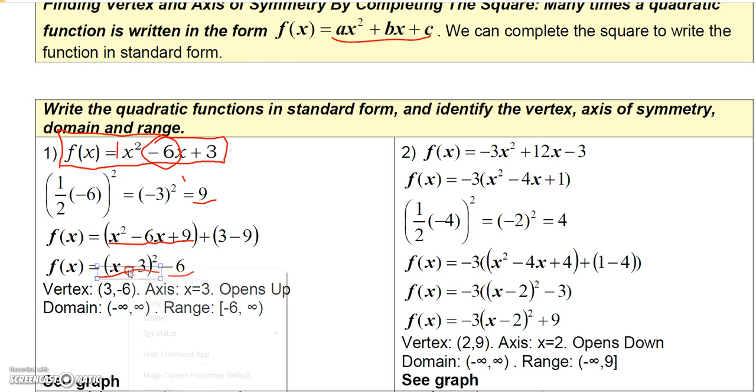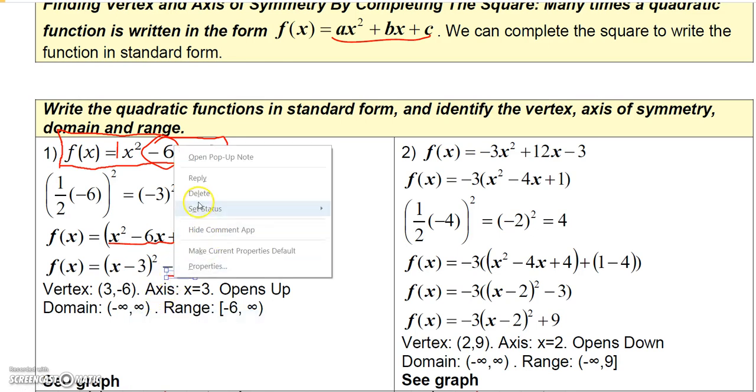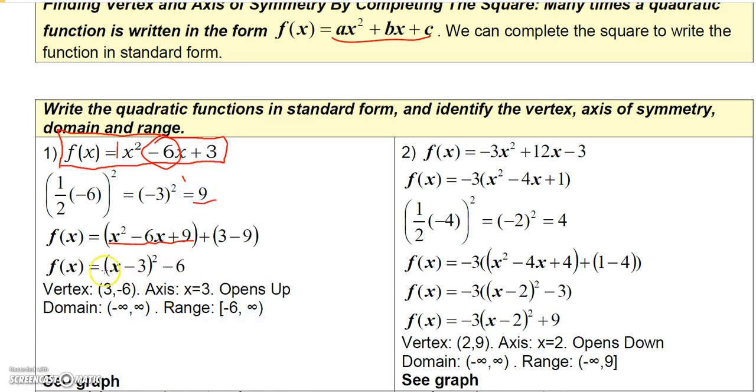So now I have this in the standard form, and so let me just show you here. So I have a, which we can just say a is 1. So I have 1 times x minus 3 quantity squared minus 6. Now once I get it into that form, I know the vertex is the opposite of this sign.